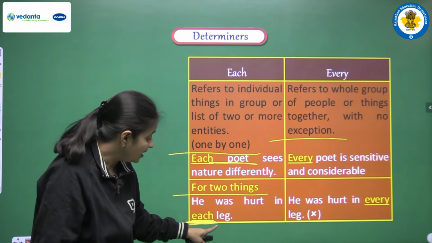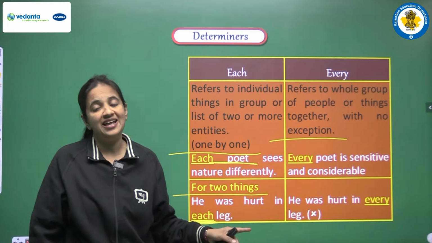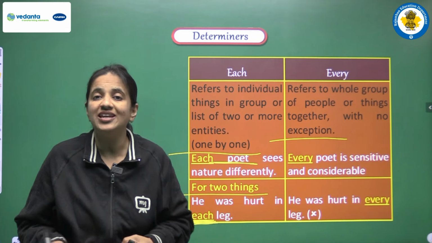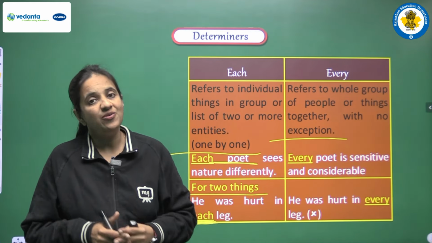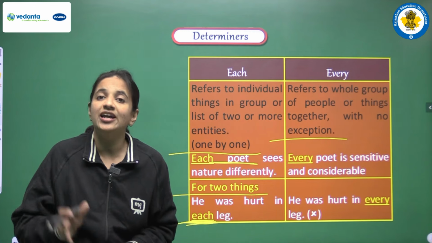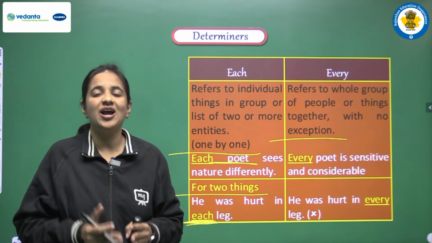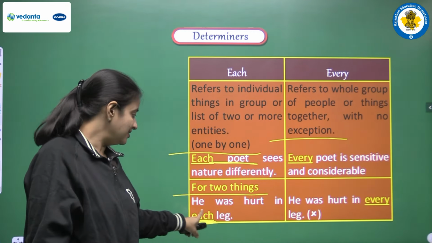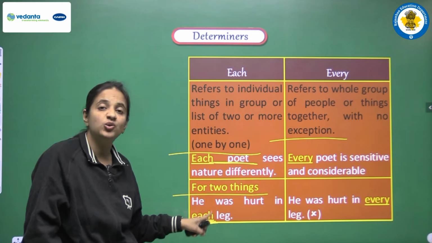So now it is very obvious that all human beings have only two legs. Okay, so जब हमें legs को show करना है और हमें पता है legs जो होते हैं वो counting में कितने होते हैं, दो होते हैं. So now we have to recall that rule. According to that rule, when we have to indicate two or more things, we have to use each, and this is the reason in this sentence we will use each.